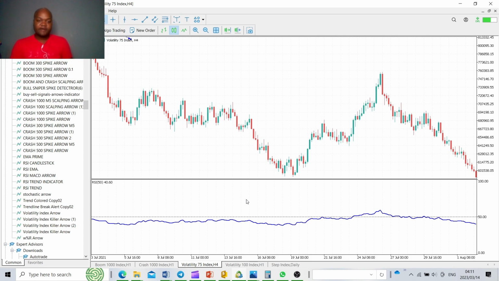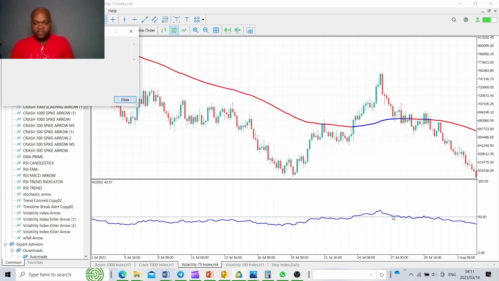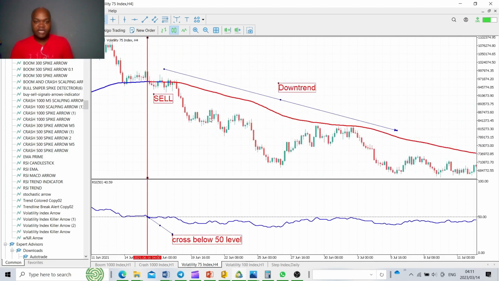I decided to create what I call the RSI EMA. Let me click it and you can see it. This is what I created. With the RSI EMA, it will change color once the price moves below level 50. You can see here it was blue.